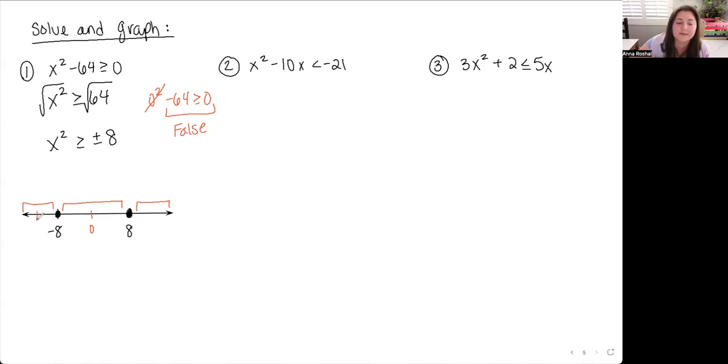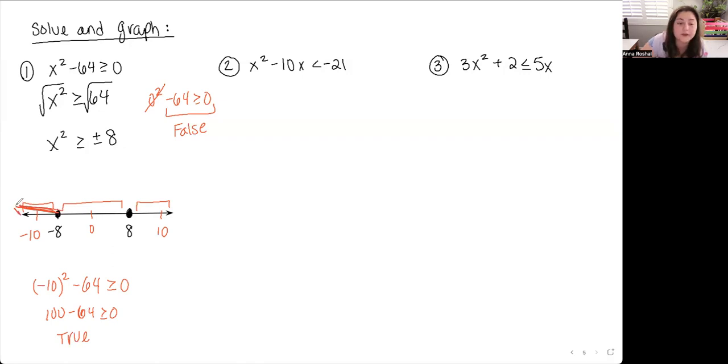But then if I try negative 10 or positive 10, I'm going to end up with negative 10 squared minus 64. Is that greater than or equal to 0? So I'm going to end up with 100 minus 64. And that for sure is a true statement, regardless of what the number is. I know that it's greater than 0. So I know that my arrows are going to point in that direction.